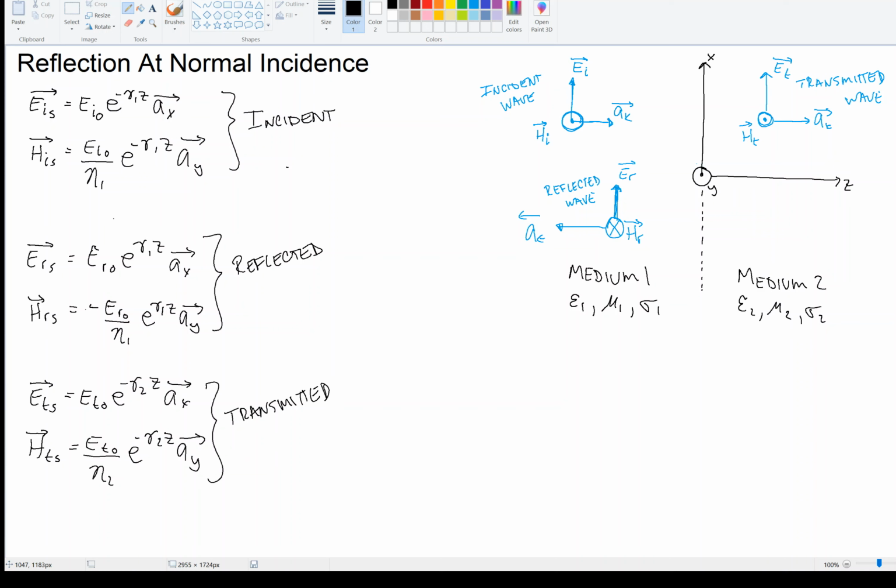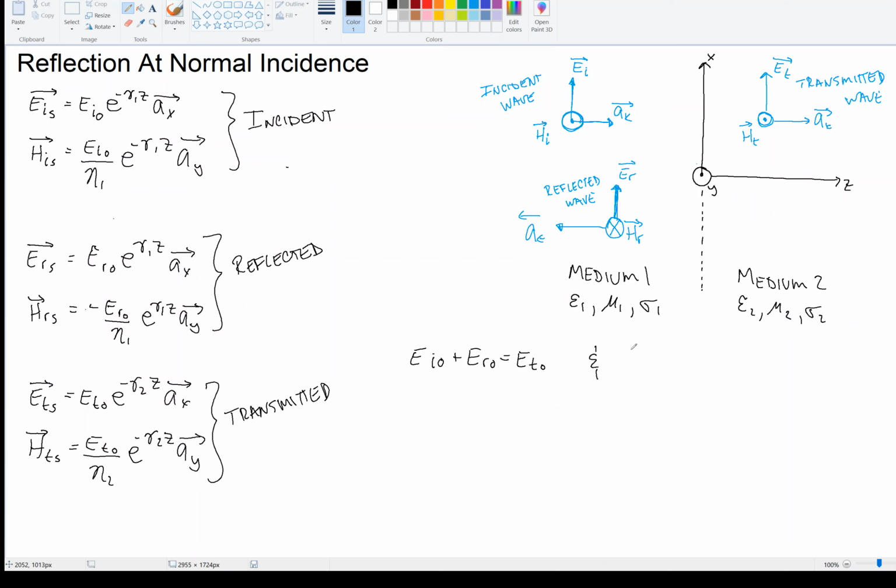Okay, so now let's look at the boundary conditions. At the boundary, the tangential components of E and H must be continuous at the interface. This is something that we talked about previously. And remember, the interface is at z equals 0. So it must be the case that E_I0 plus E_R0 equals E_T0. The incident amplitude of the electric field plus the reflected, because they're aligned in the same direction, equals the transmitted. That should be obvious.